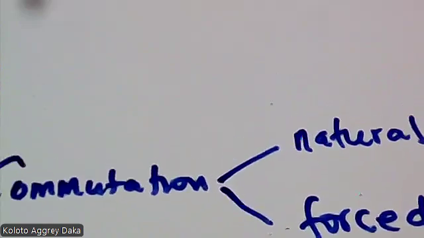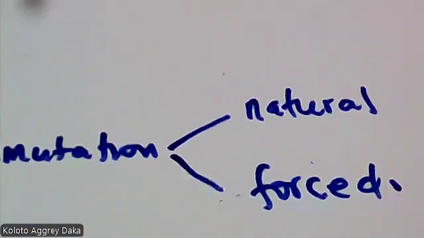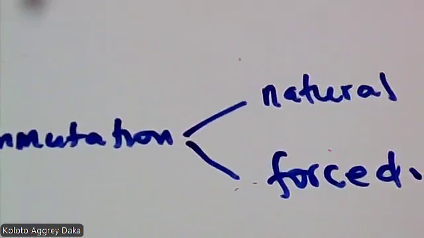So how does it happen naturally? And how does it happen when it's just being forced?